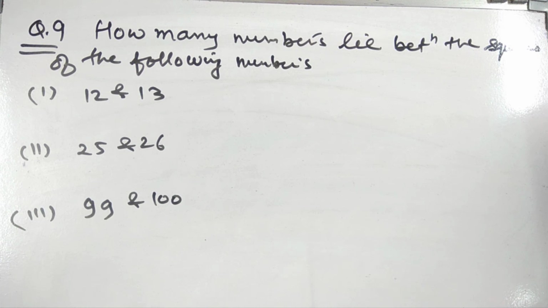So students, we know that there are 2n non-perfect square numbers between the squares of the numbers n and n plus 1.